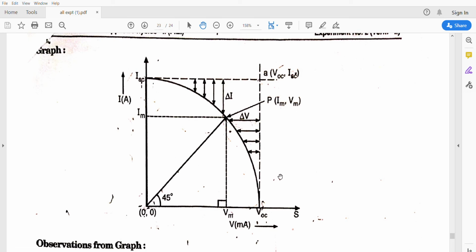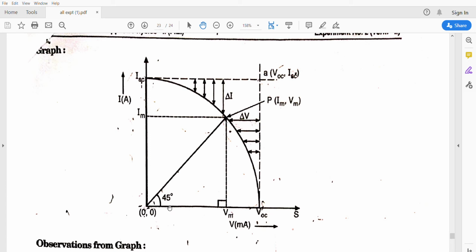This is how you can understand the voltage and current variations in the solar cell by changing the load, by changing the resistance. First we give the maximum resistance, and after that we change the resistance slowly and understand the changes in the voltage and current.